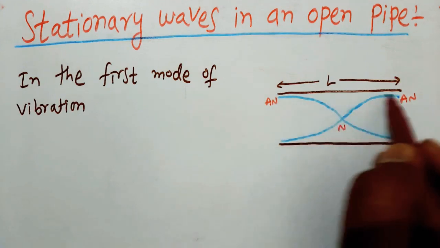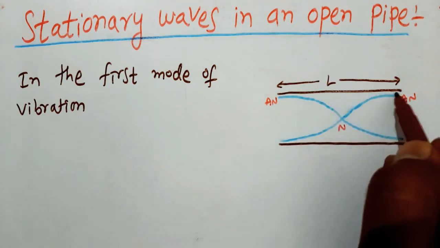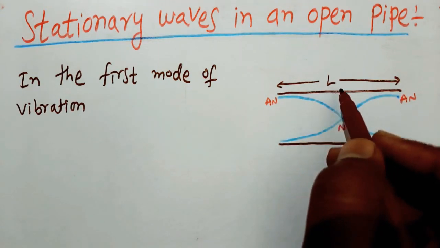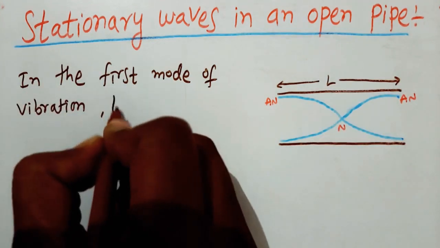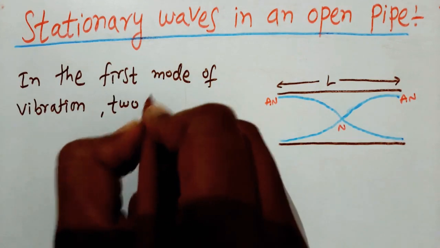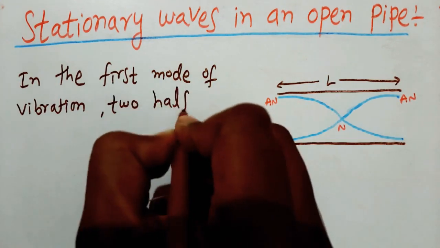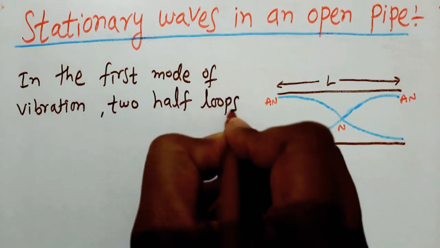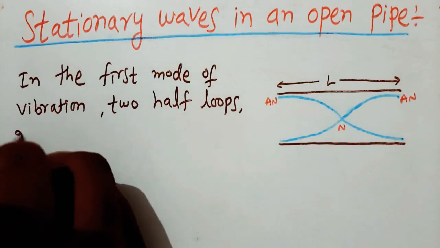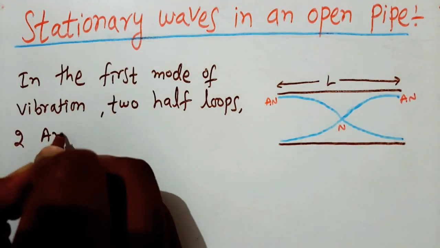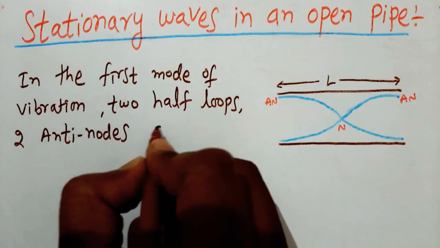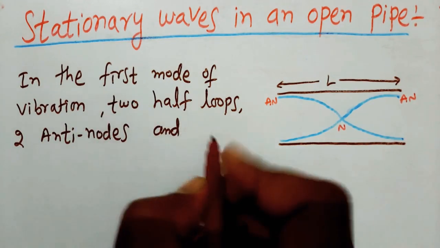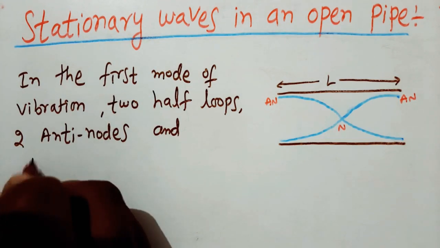So here the length of the organ pipe is L. So in the first mode of vibration, two half loops, two antinodes and one node are formed.